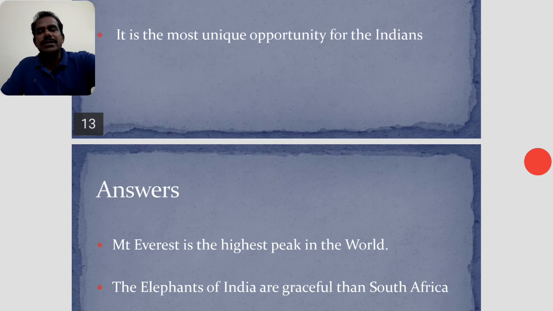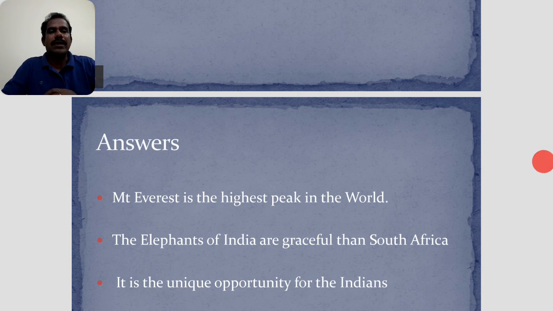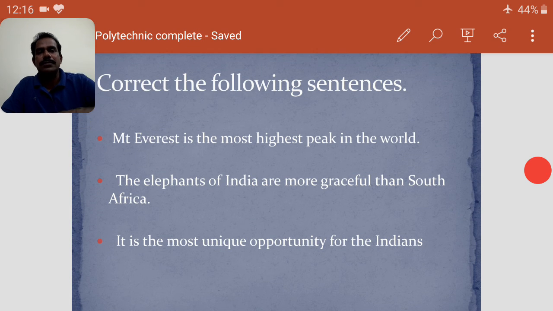The answer is "Mount Everest is the highest peak." If we use "most highest", it means a double superlative. That's why we should say "Mount Everest is the highest peak in the world."